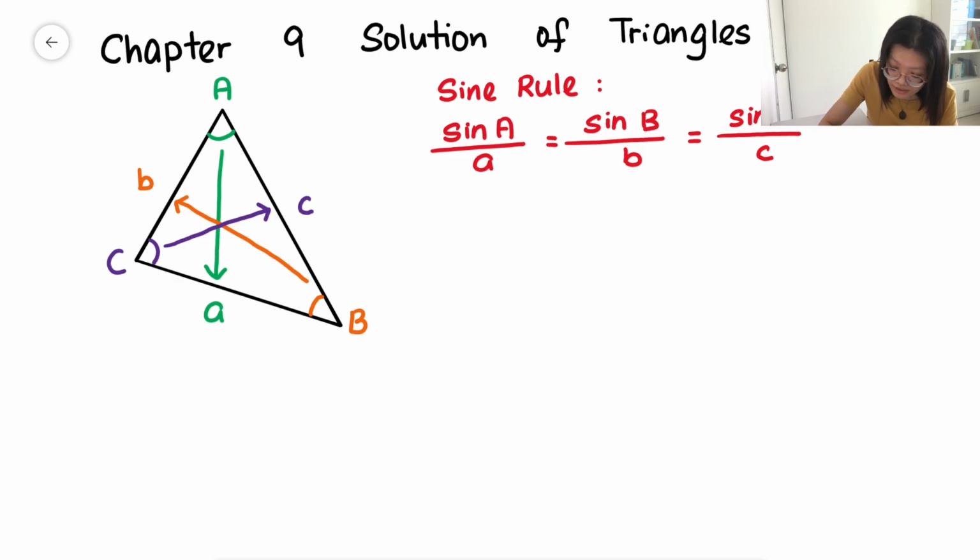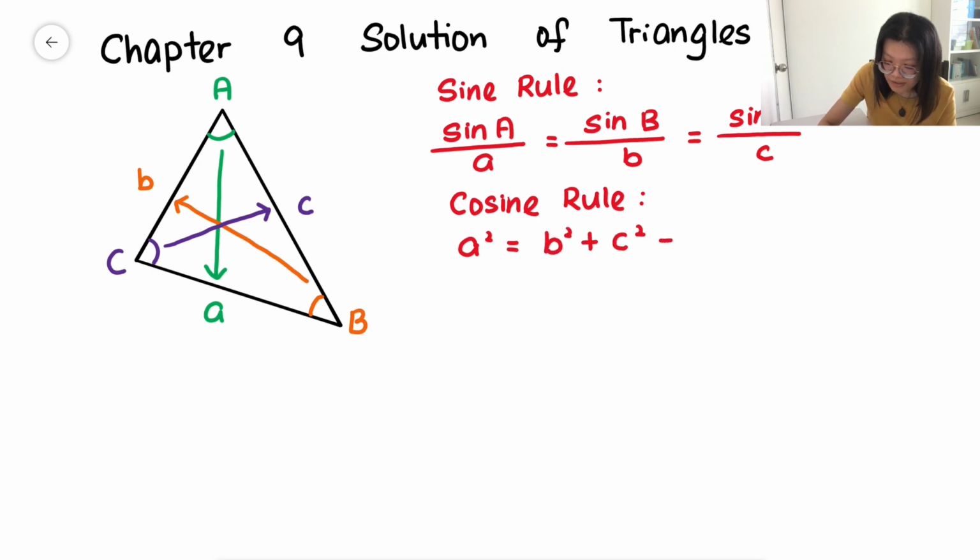And the second rule will be cosine rule. Cosine rule, we will have a squared equals to b squared plus c squared minus 2bc cos A.